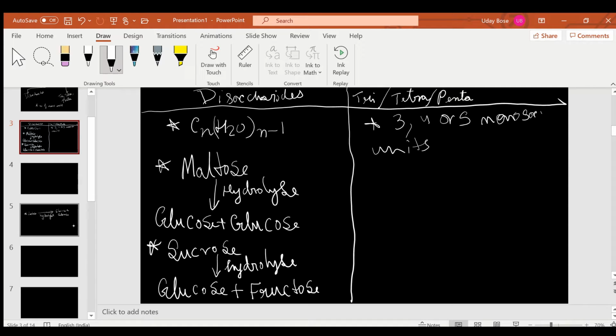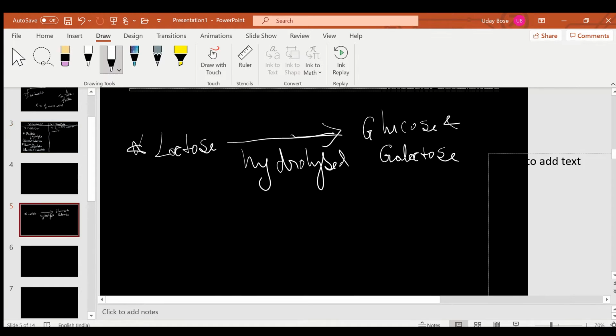Maltose is hydrolyzed into its 2 monosaccharide units, glucose and glucose. Sucrose, a non-reducing sugar, is hydrolyzed into its 2 monosaccharide units, glucose and fructose. And lactose is hydrolyzed into its 2 monosaccharide units, glucose and galactose.